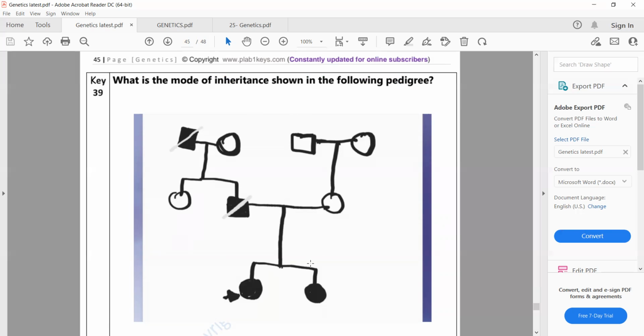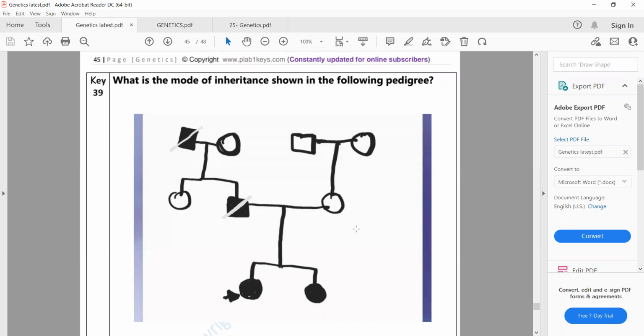By looking at this pedigree, can somebody tell me what is the pattern of inheritance? First of all, let's decide, is it an X-linked inheritance or an autosomal inheritance?